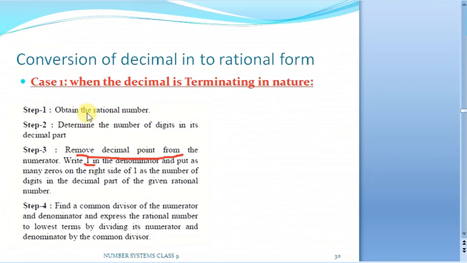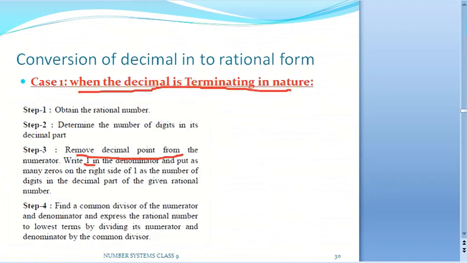As a last step, we have to cancel the numerator and denominator and take it to the simplest form, so there are no common factors. So that is how we do it with terminating decimals.